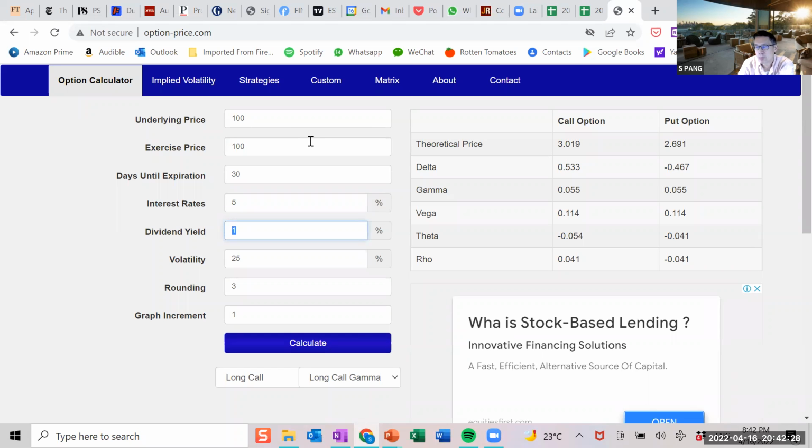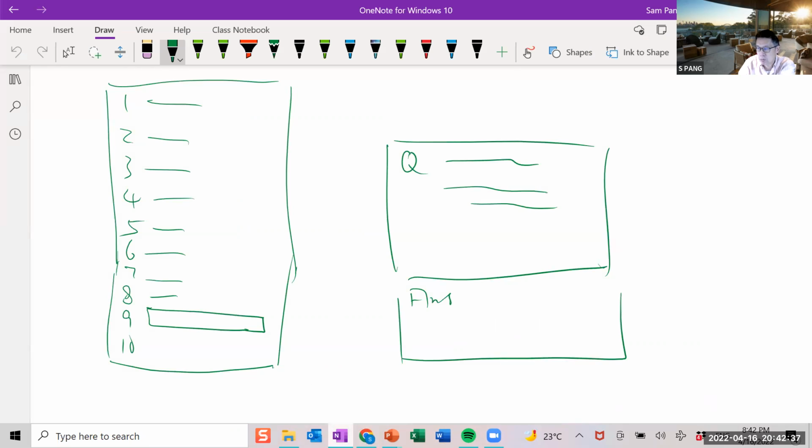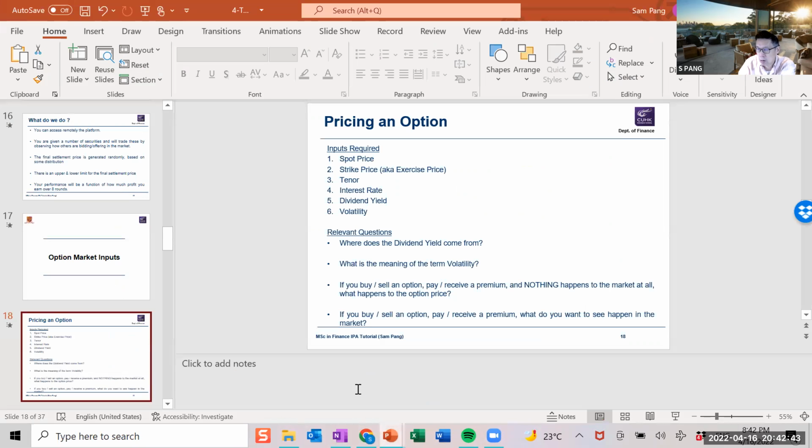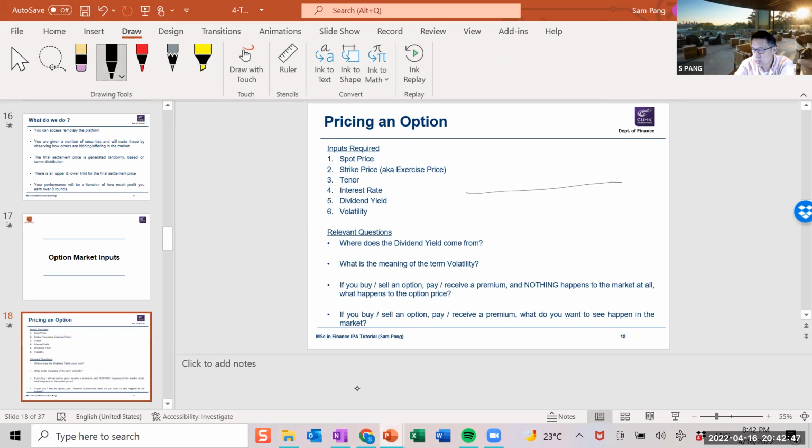Dividend yield. What on earth do I put in here? Now, this is the million-dollar question, and we will be coming back to this. But what I want to say to you now is, oh, I lost all those scribbles. When you are pricing, this is the pricing date.